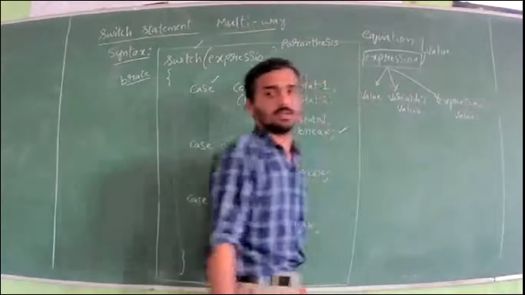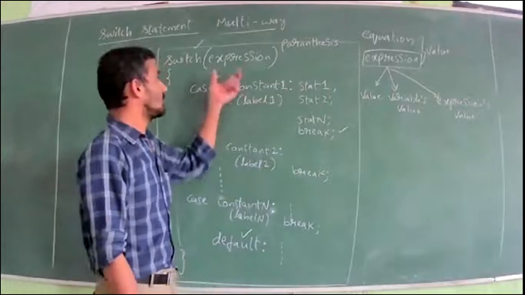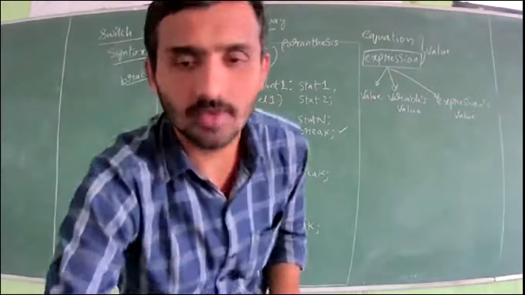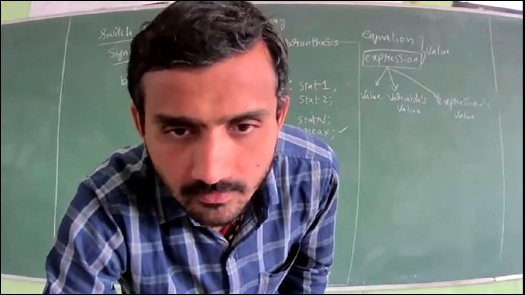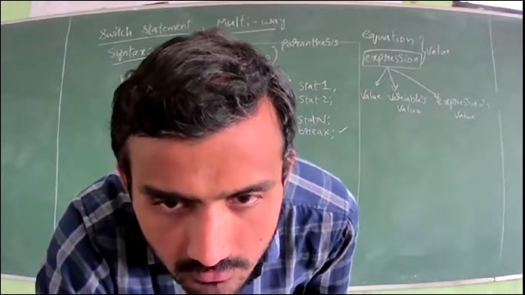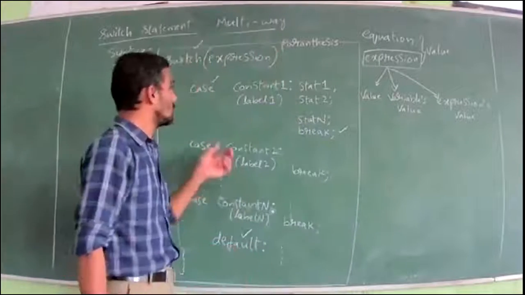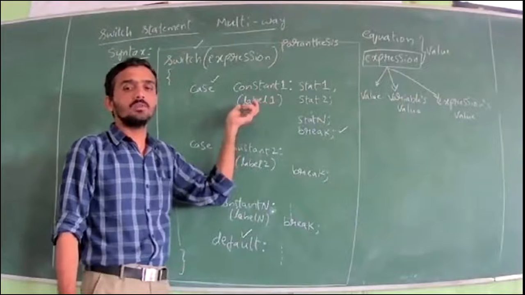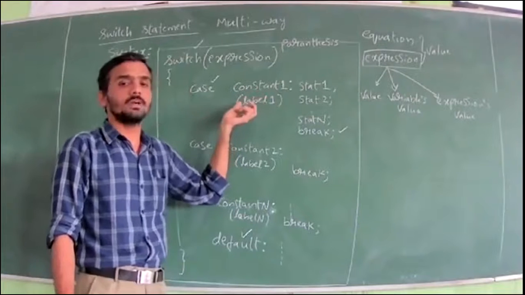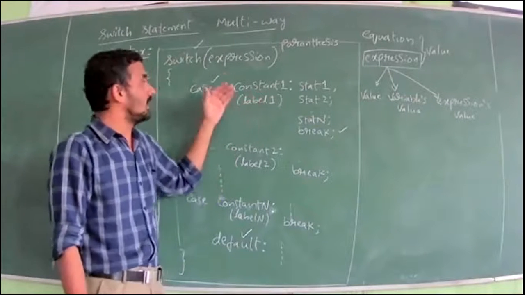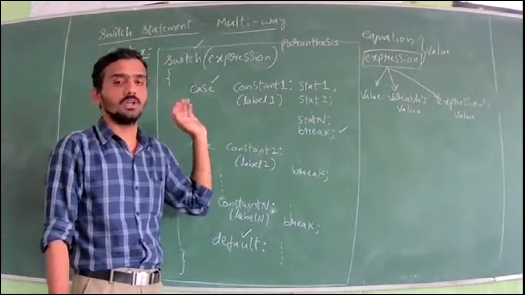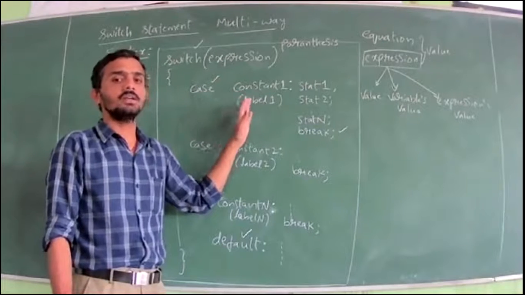When we write the example, we will not write the word expression, we will write some value. See, in a program we will not use the words constant and label. In a program we will write direct values. I'm telling you, when you write this syntax, you write either constant or label. In an example, we directly write values.